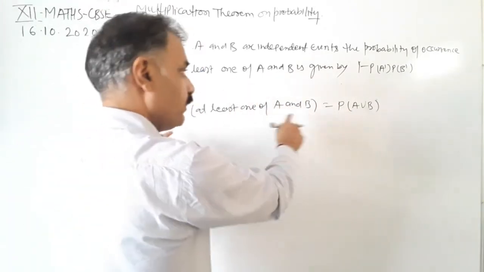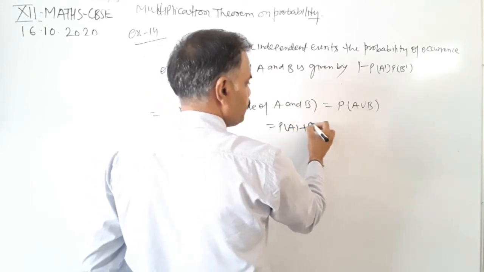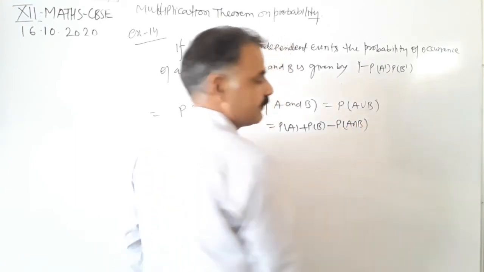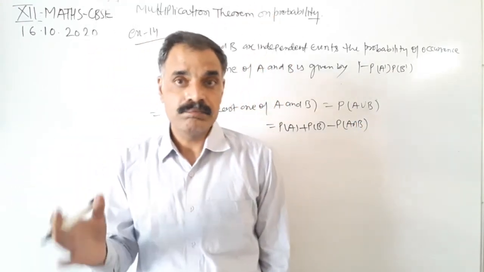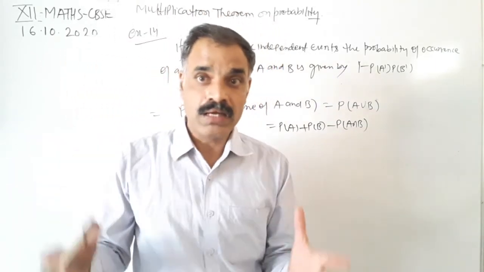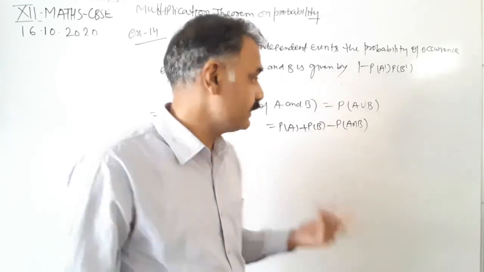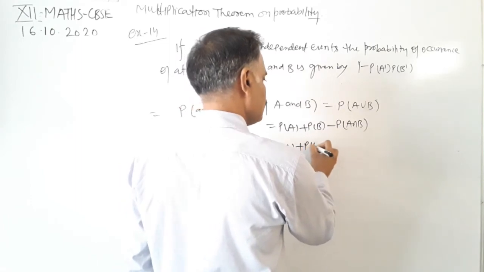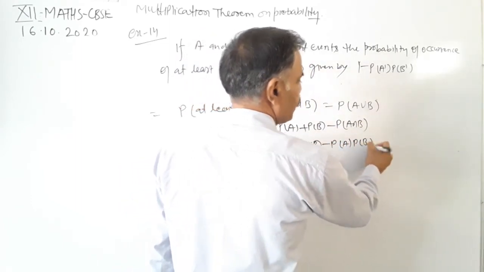So the probability of A union B is given by PA plus PB minus P(A intersection B). But we have to use the independence of the events: P(A intersection B) equals PA into PB. So it is PA plus PB minus PA into PB.